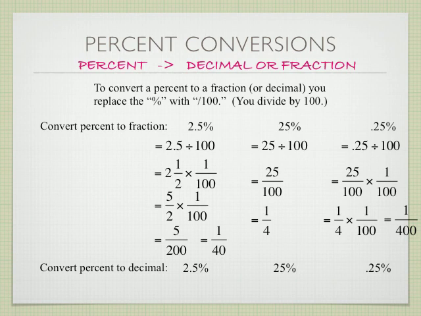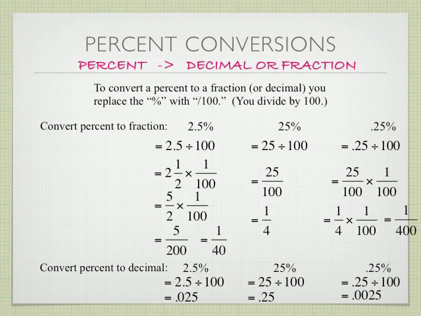Convert these percents to a decimal. 2.5% would be 0.025. Move the decimal point to the left twice because I'm making the number smaller. 25% would be 0.25. 0.25% would be 0.0025.